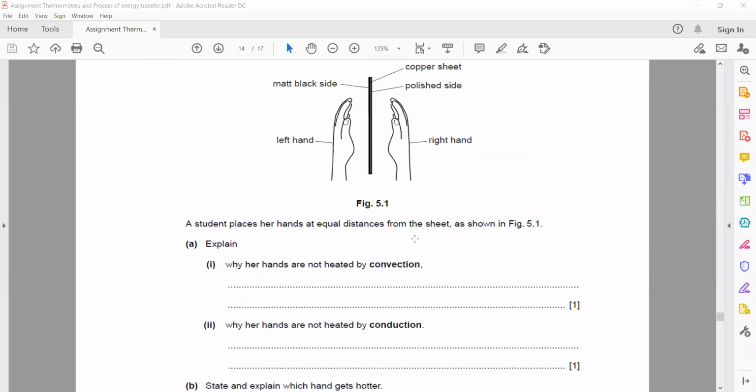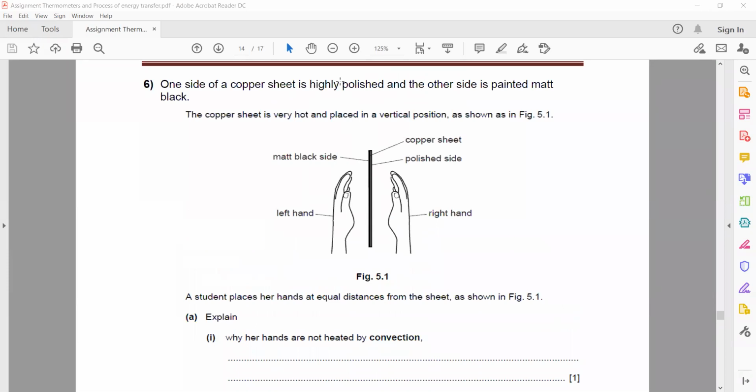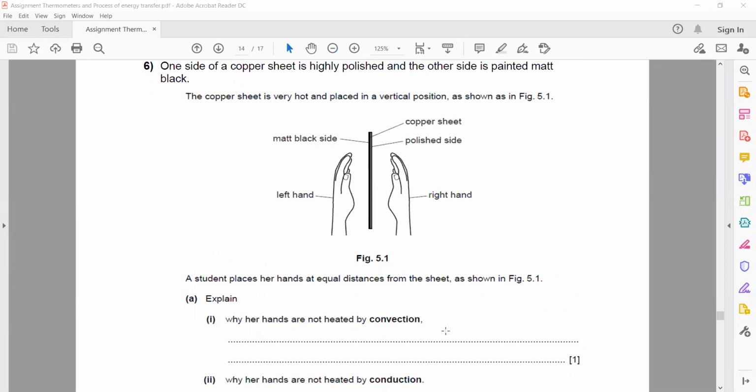Why are her hands not heated by conduction? What's the reason why conduction is not taking place here? Air is a bad conductor, that's right.